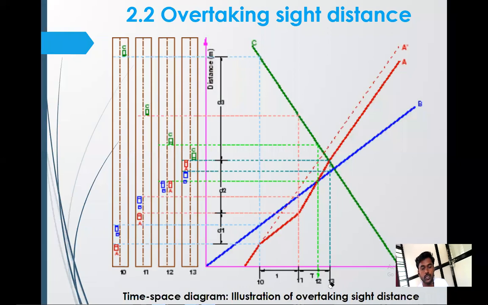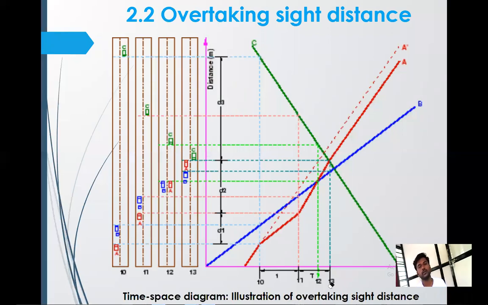Just draw this diagram. This diagram is called the time space diagram. This is very important to know how the OSD works, how the overtaking sight distance works. This is shown very beautifully in this diagram.